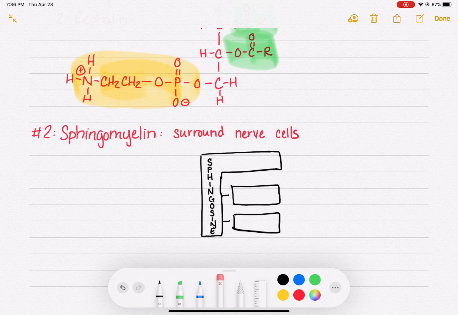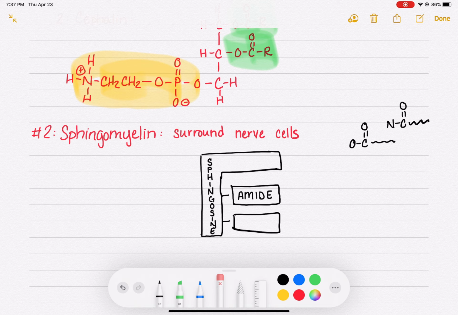The spot in the middle is going to be an amide. And the amide structure is really similar to a fatty acid structure. Just as a refresher, the fatty acid structure is oxygen, carbon, oxygen, like this, whereas an amide has just got a nitrogen in place of one of the oxygens.